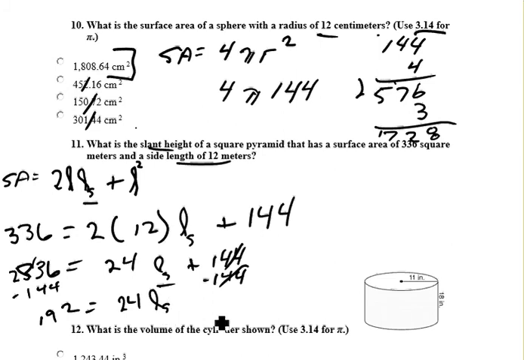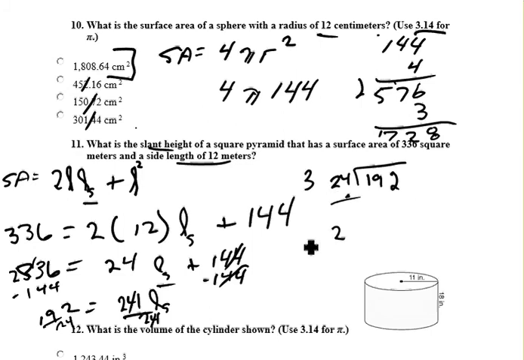So I've got to divide. 24 divided into 192. 24 goes into 192. I'm going to try 7 times. 7 times 4 is 28. Let's try 8. 24 times 8: 8 times 4 is 32, carry a 3. 8 times 2 is 16 plus 3 is 19.